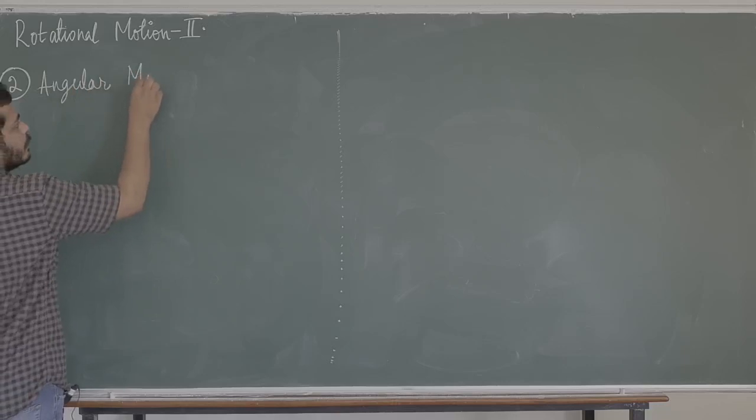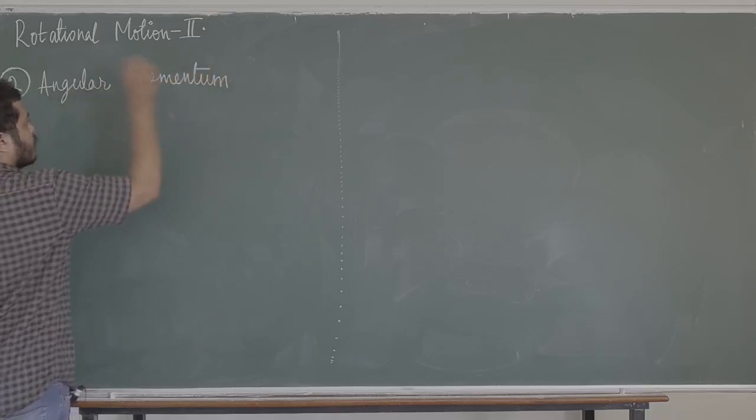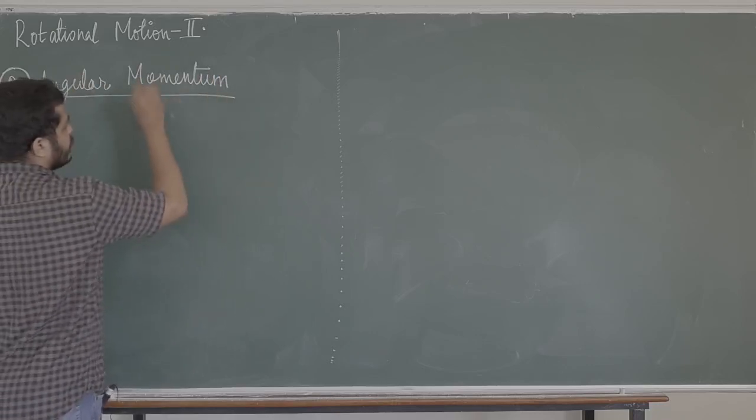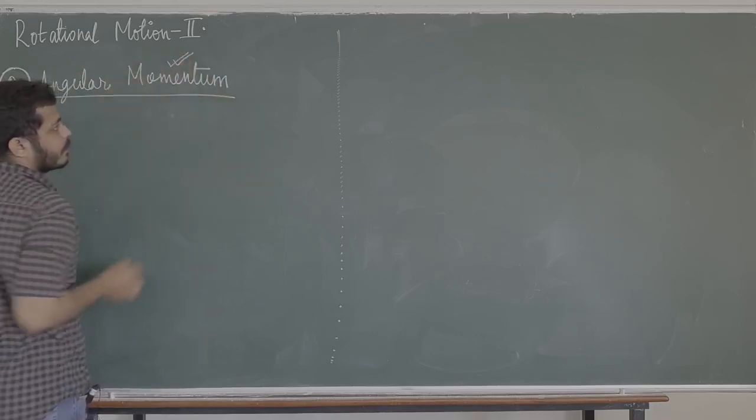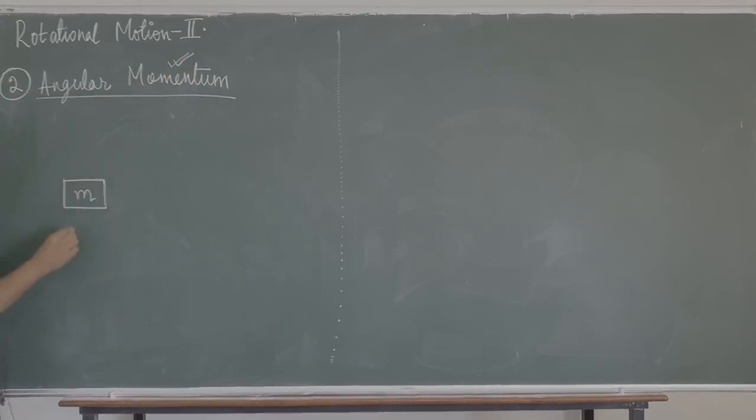Angular momentum. Now, before we talk about angular momentum, the first thing is, do you understand momentum? For example, if you take some mass, some block, and you move this mass, let us say the mass has a velocity of v.